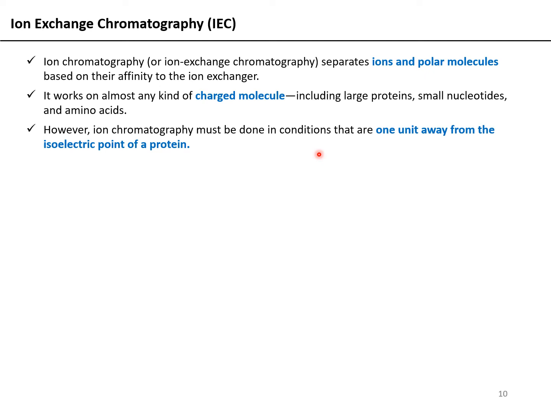Therefore, the net charge in the Zwitter ionic state on a protein is 0. So the protein has to be at least 1 unit away from the isoelectric point. So the pH plays a very important role in ion exchange chromatography. If the pH is not right, then your protein of interest will not have the proper charge on it, and ion exchange chromatography will not work properly.